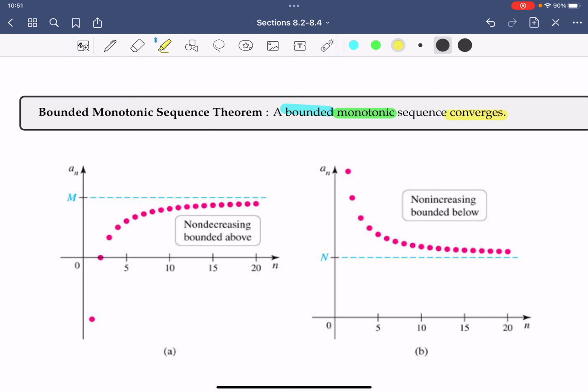This is an example where the sequence keeps going up, but you know that it is bounded by something. And this is a sequence that is decreasing or not increasing, and it is bounded by something, so it's going to be convergent as well.